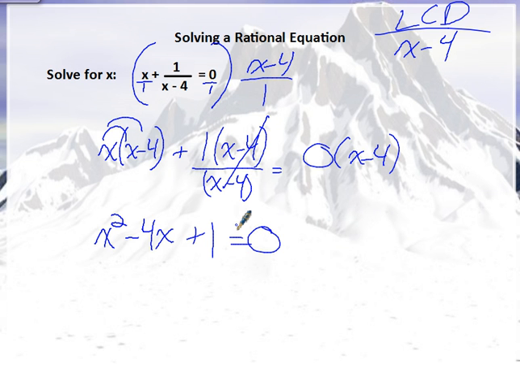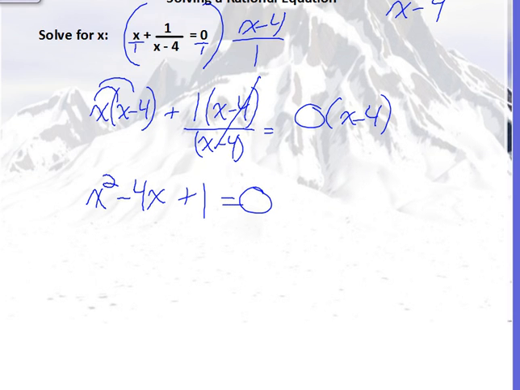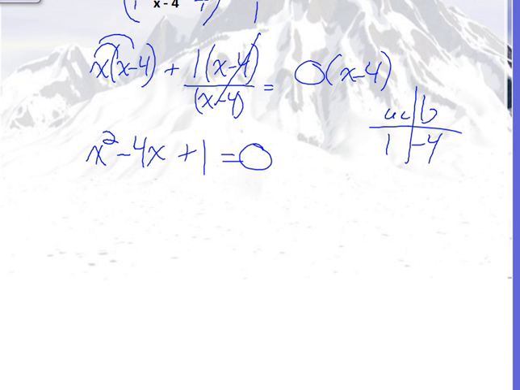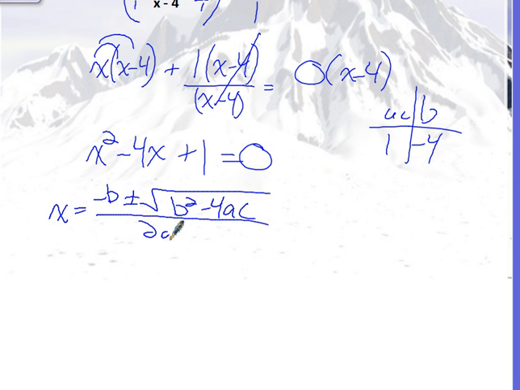And now again, I have to try and see if this can factor. So looking at ACB, AC is 1, B is negative 4. I cannot think of anything that is going to multiply to 1 and add up to negative 4. So chances are here I'm going to have to do the quadratic formula. So remember, that's x equals negative b plus or minus radical b squared minus 4ac all over 2a.